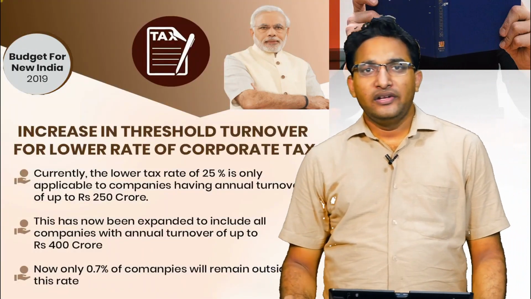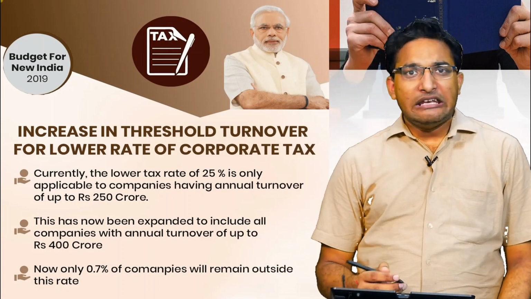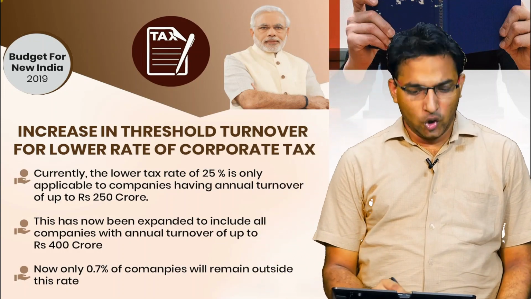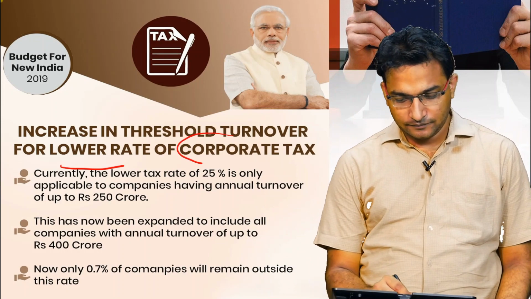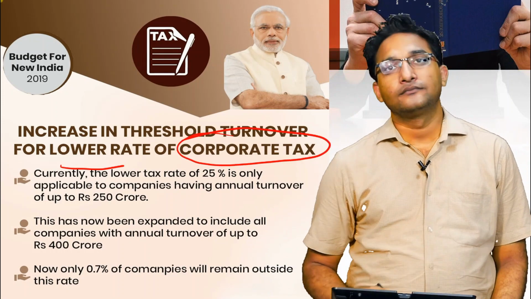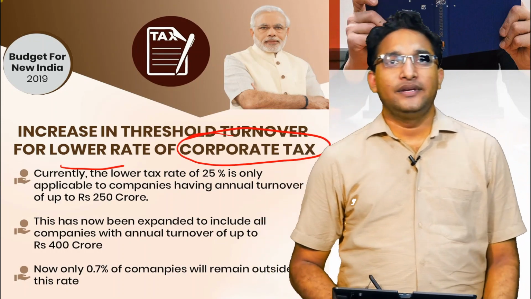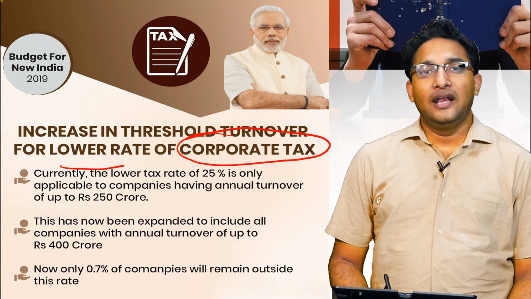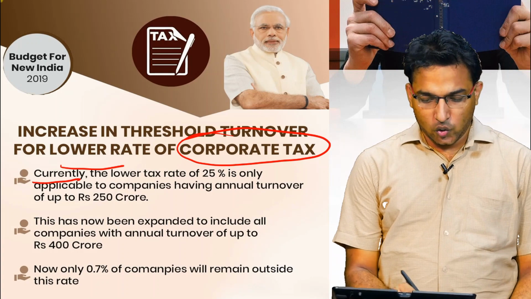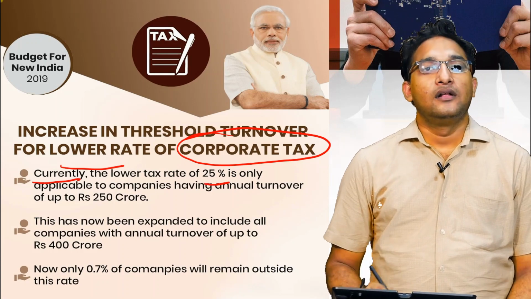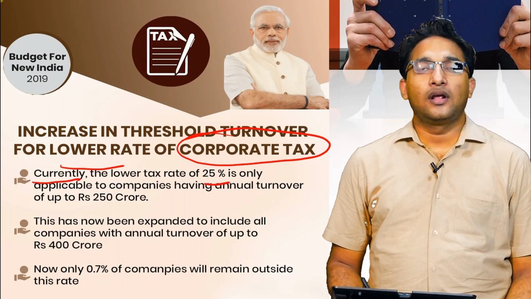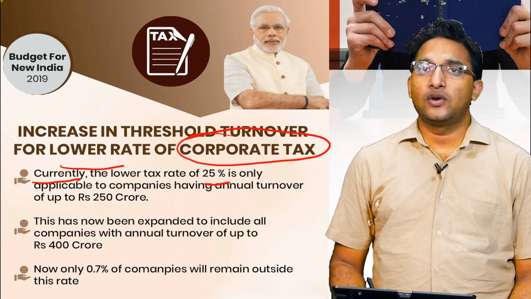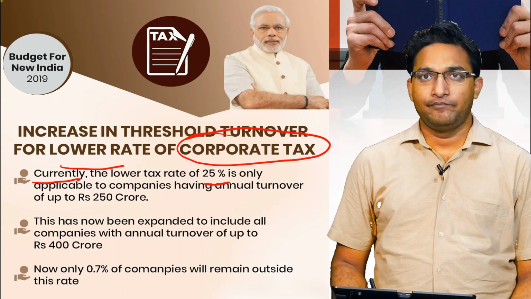Then this is a very, very important initiative for the ease of doing business. Increase in the threshold turnover for lower rate of corporate tax. Corporate tax means the tax that is levied on the company. And till now, currently, the 25% tax is applicable to the companies who have the annual turnover of up to rupees 250 crore.